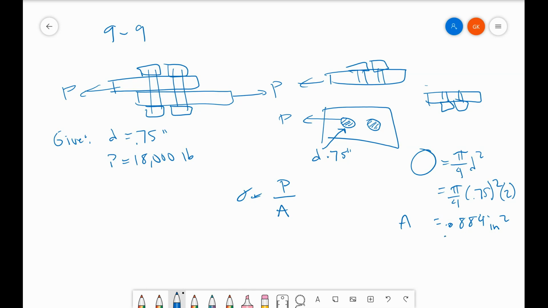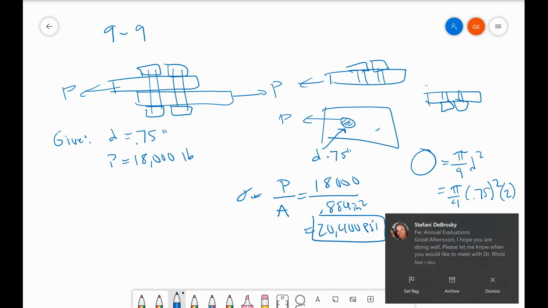So as we've done it, since I did the area of both bolts, both bolts felt the total force of 18,000 pounds. 18,000 pounds over 0.884 inches squared, which comes out to be 20,400 psi.